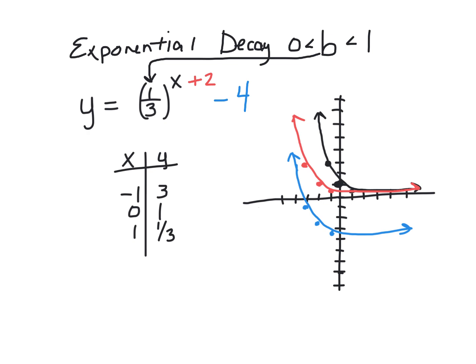And then if there was a number out in front, let's say I've got a positive 2 out here, that is going to double the y coordinates. So now doubling these, I've got negative 1, and we're going to talk about this in our next slide, so we can break this down step by step. But this would be just moving something that has exponential decay, which again is when the b value is between 0 and 1.